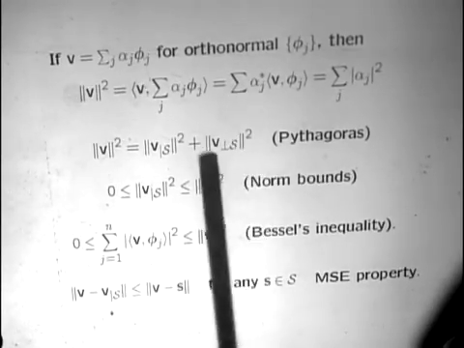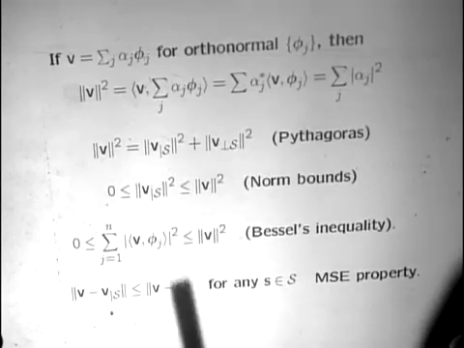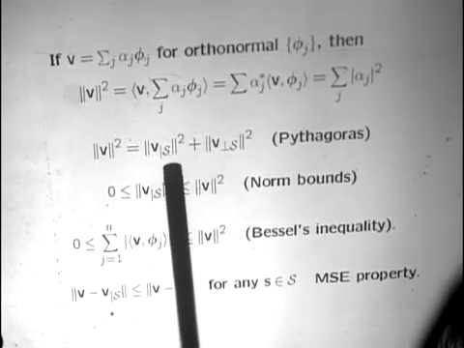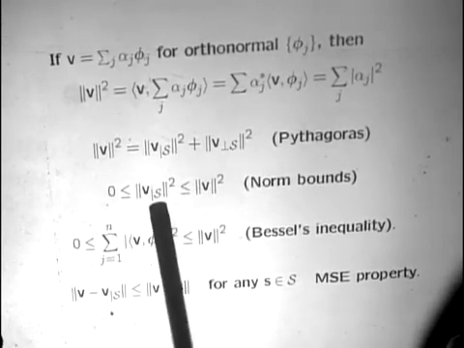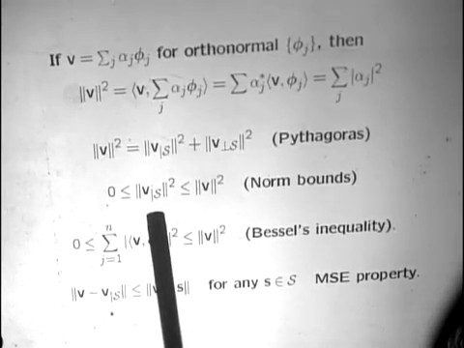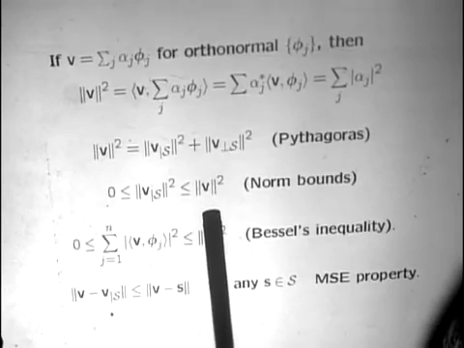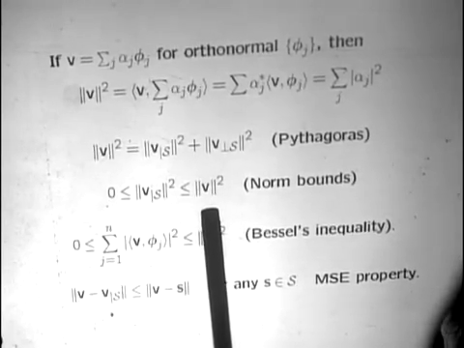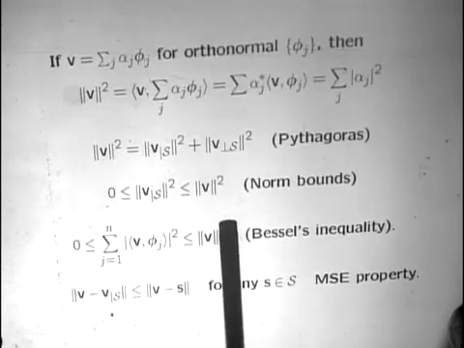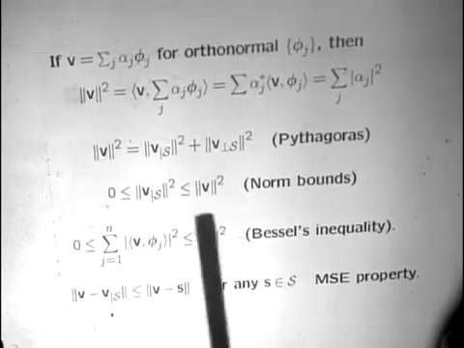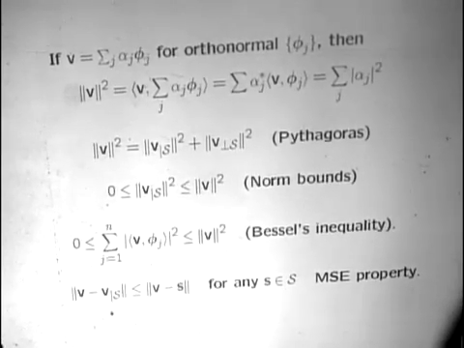This term is non-negative in particular, and therefore the difference between this and this is always non-negative, which says that 0 has to be less than or equal to this, and this has to be less than or equal to the norm of V. In other words, the projection always has less energy than the vector itself, which is not very surprising. So the norm bound is no big deal.